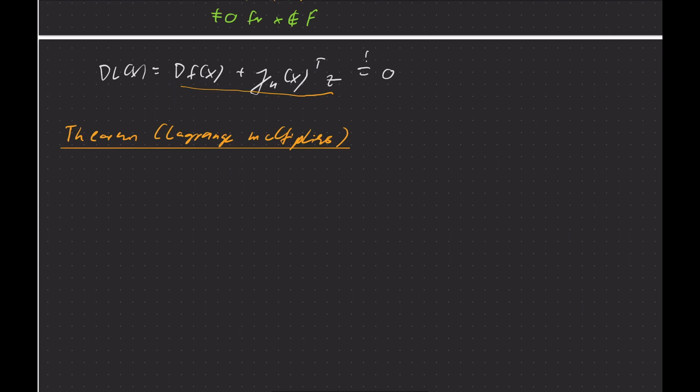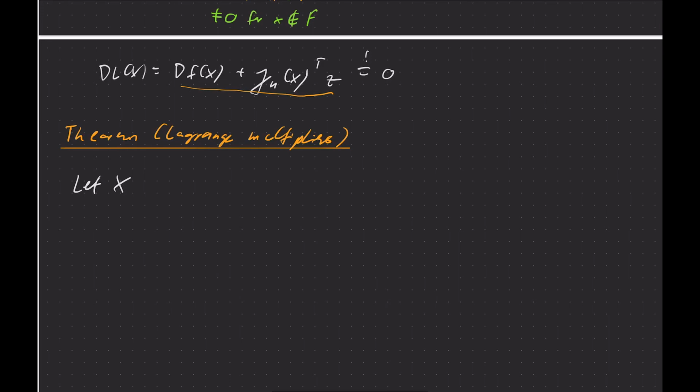Okay, so as always, we won't restrict that to functions that are defined on R to the n, or that are differentiable on R to the n. It's sufficient if the functions are defined on an open subset of R to the n, and differentiable there.